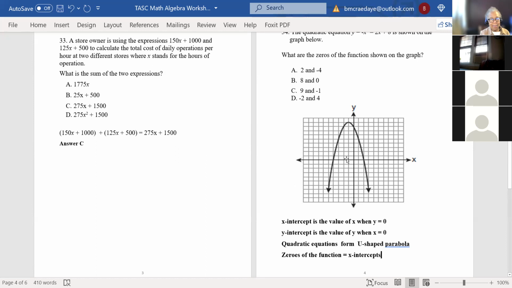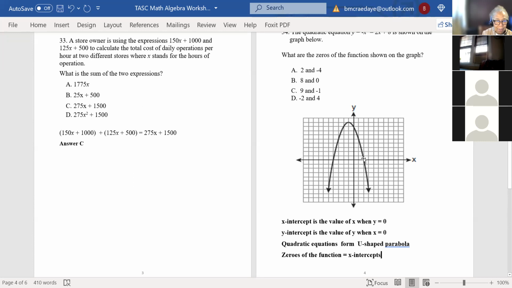This is the x, this is the y. So we are on the x line, Vanessa. Where do you see the x-intercepts? You need the zeros. Yes, the x-intercept is when y is 0, that means we're on the x line. So y is 0 here and y is 0 here. What's the value here, Vanessa?